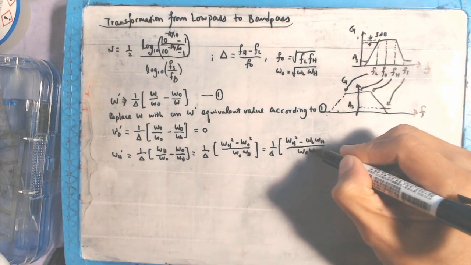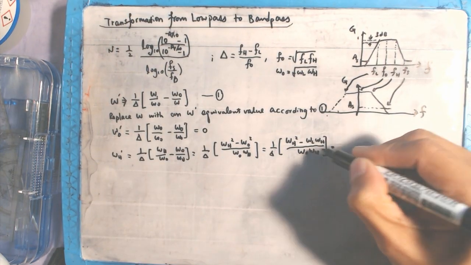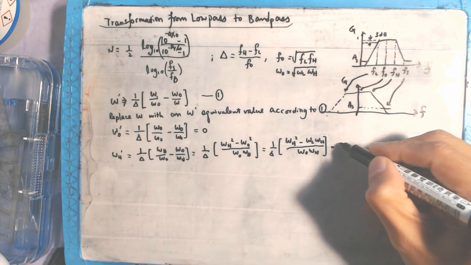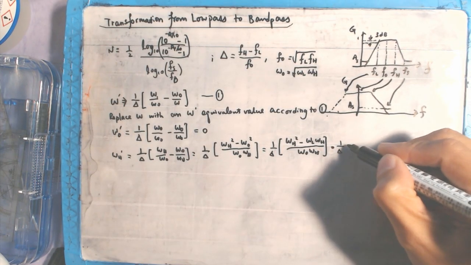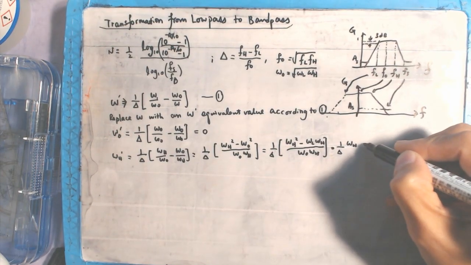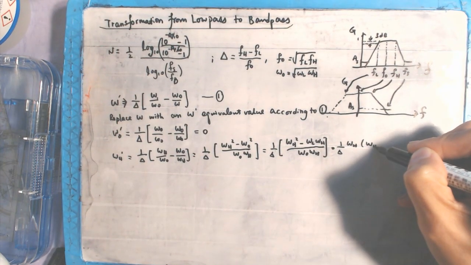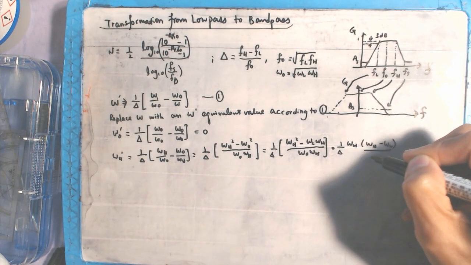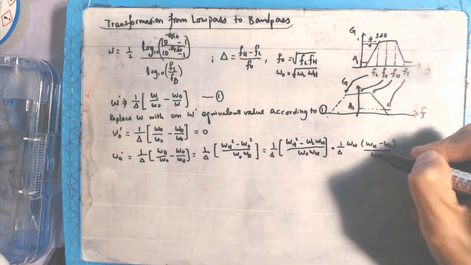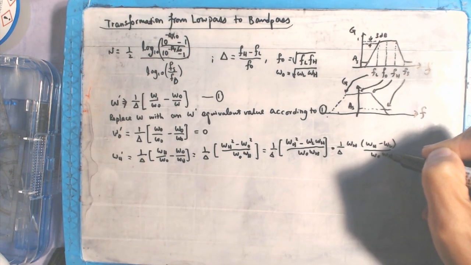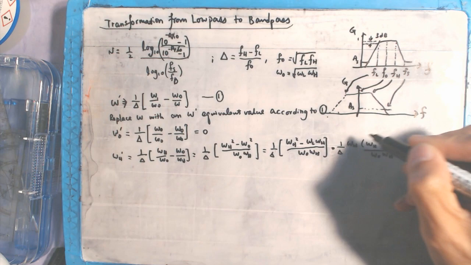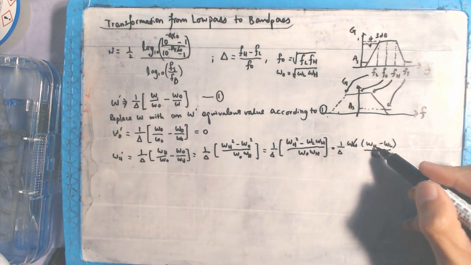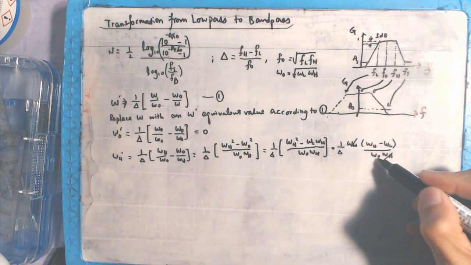So very clearly, both terms have omega H, and then we can just take it out, and it will become omega H minus omega L, and at the bottom you have omega naught and omega H. But this omega H is the same as the omega H at the numerator. Then you can just take it out, and omega H minus omega L divided by omega naught is the fractional bandwidth.